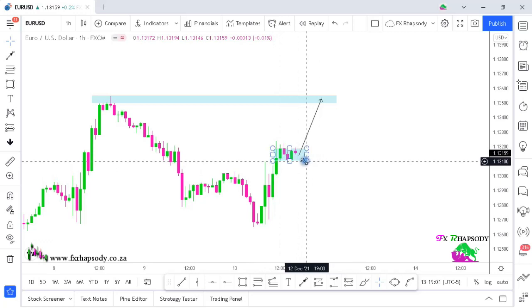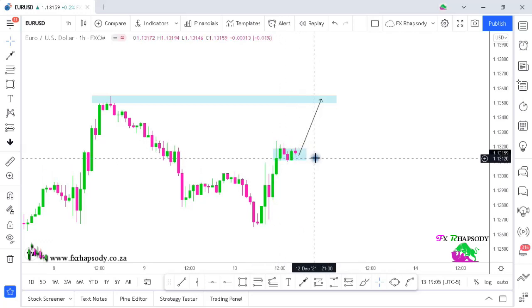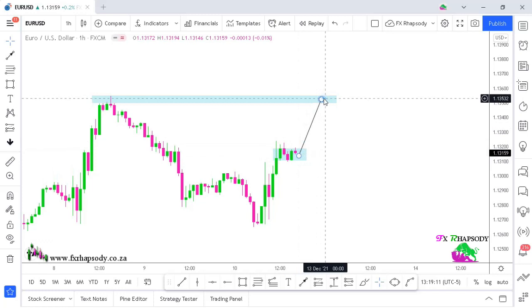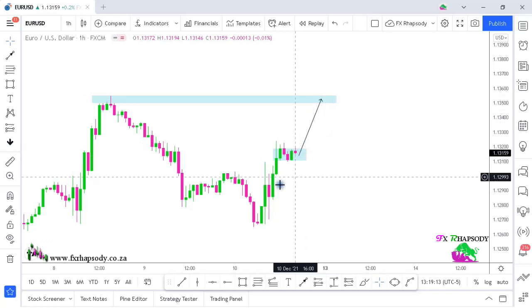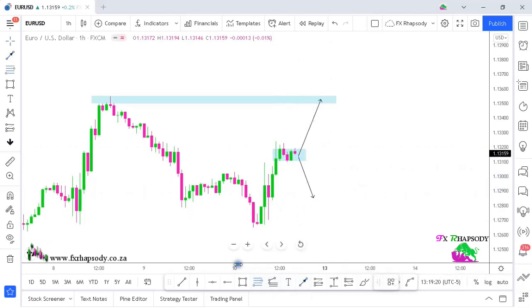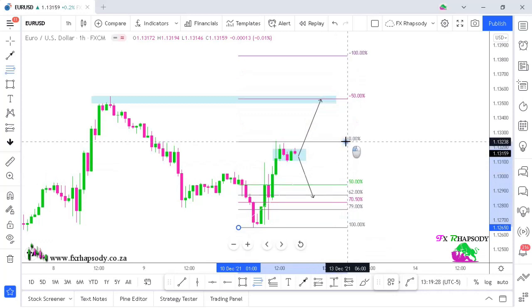So basically we want to see what price does when markets open, to see if price is going to break above this, and then we might expect price moving to that upside, or price can even go down, break below that, and that is where again we pull out our Fibonacci from.